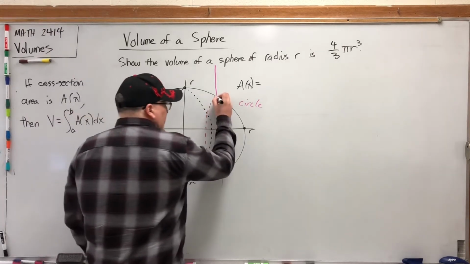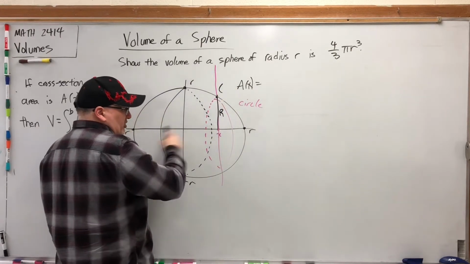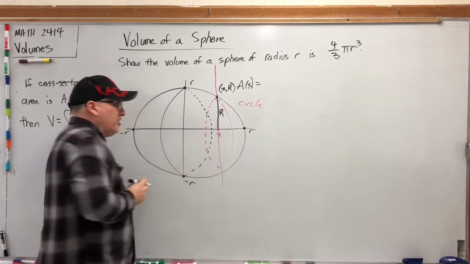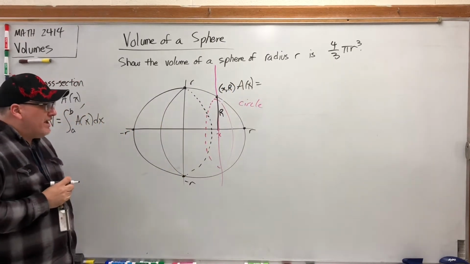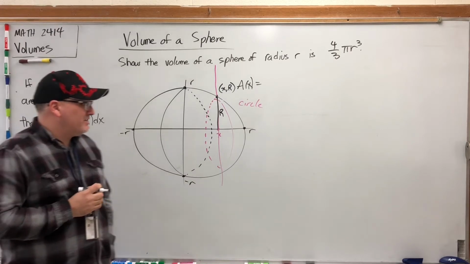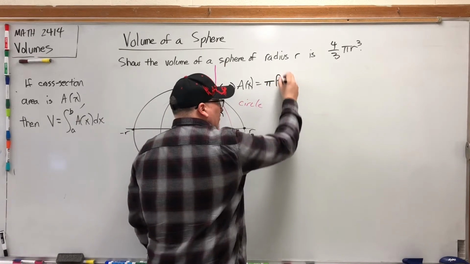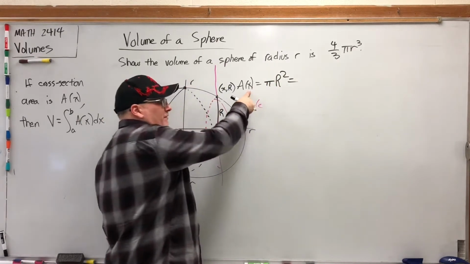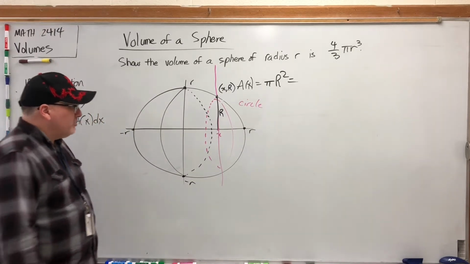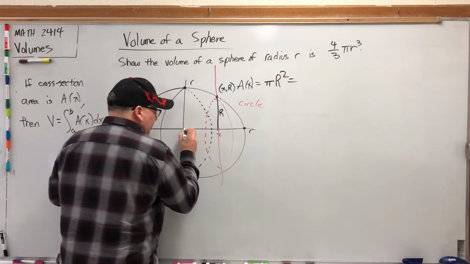So let's go up to this point here, and let's call it, well, if it's over x and up r, it would be x comma r, x comma capital R. Can we come up with some equation that tells us what that radius is as a function of x? Because I know the area of the circle is going to be pi capital R squared, but I need it to be a function of x, not a function of capital R. So what can we do to relate this radius with this x?